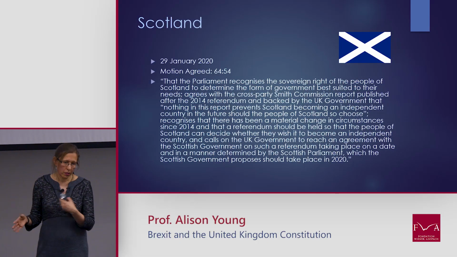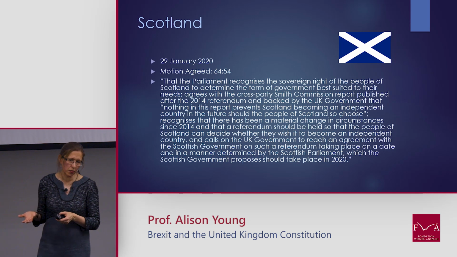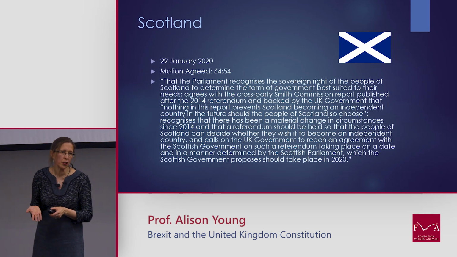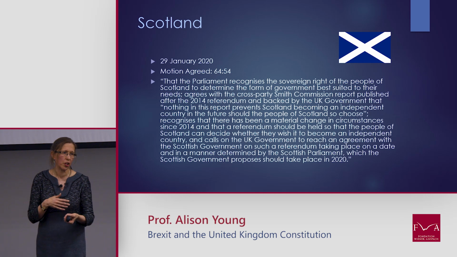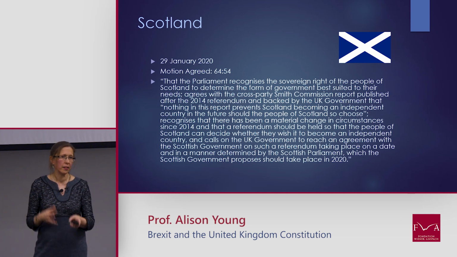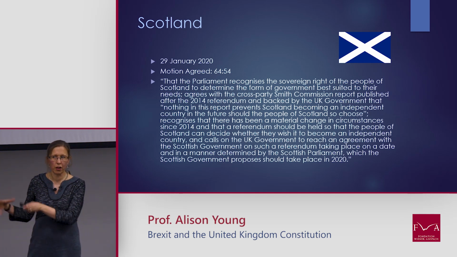Understandably, this has created tensions between the component parts of the nation, particularly in Scotland. So most recently, on the 29th of January 2020, the Scottish Parliament agreed to a motion to ask for a second Scottish independence referendum.